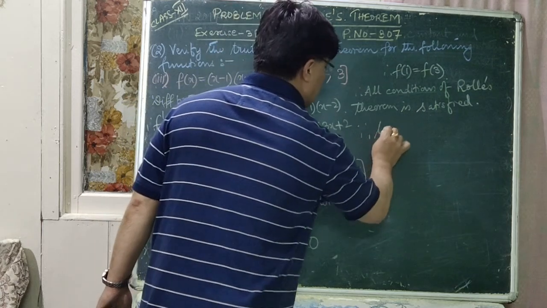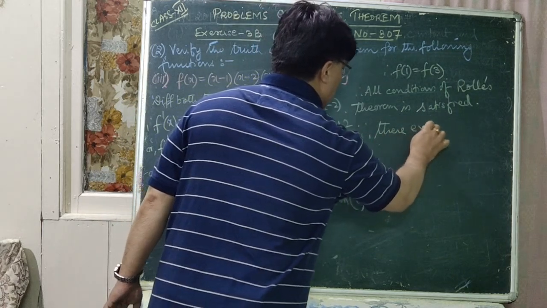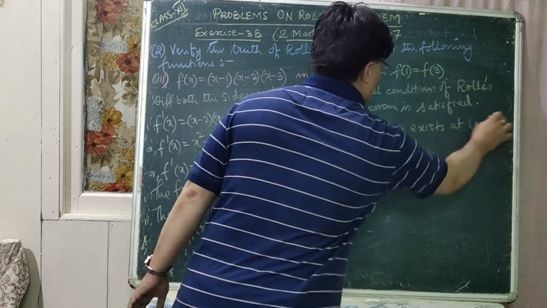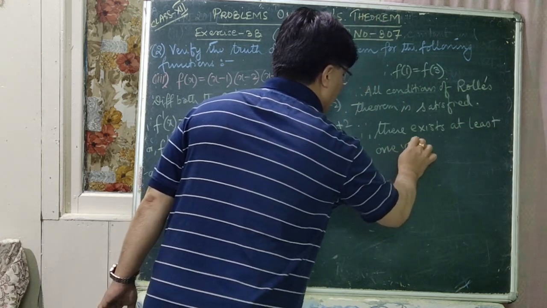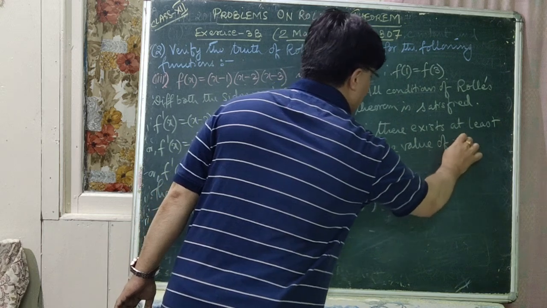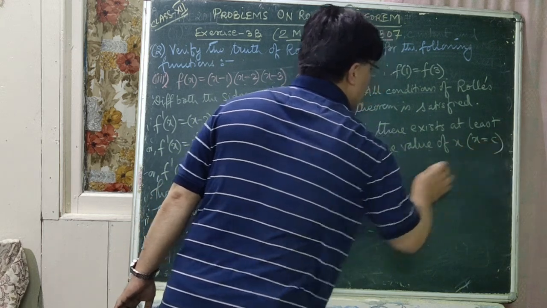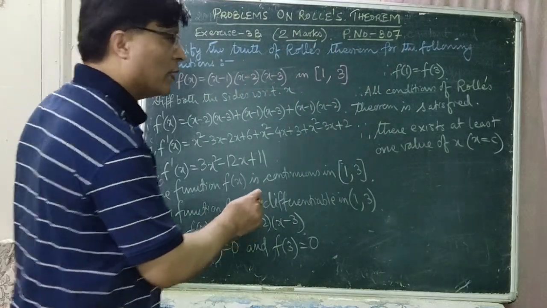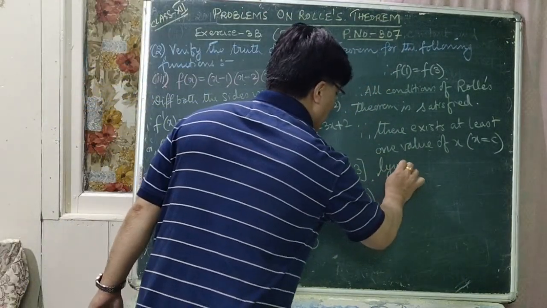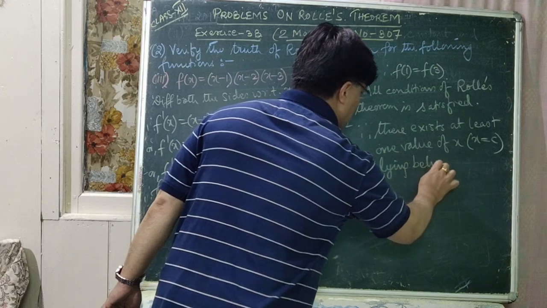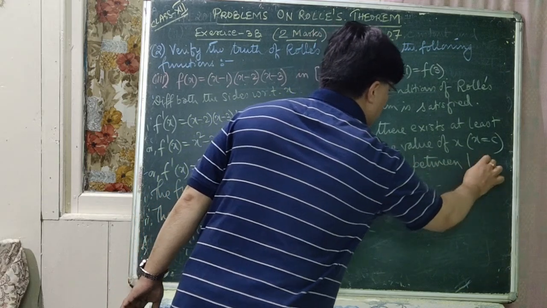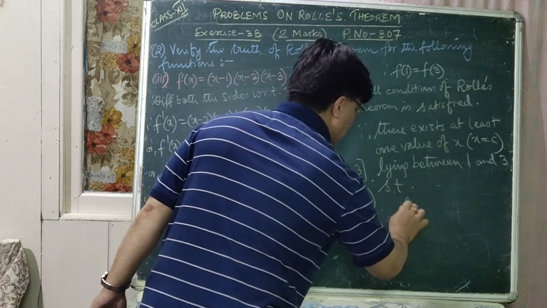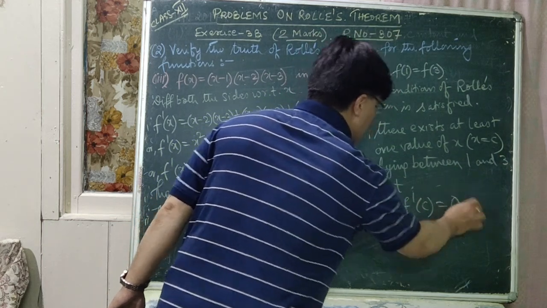Therefore there exists at least one value of x, say x is equal to c, lying between 1 and 3, such that f dash of c is equal to 0.